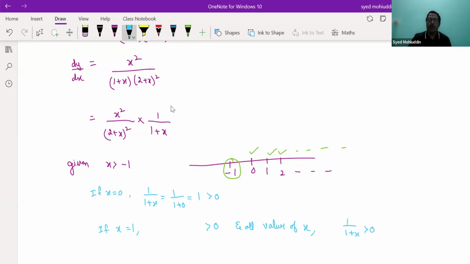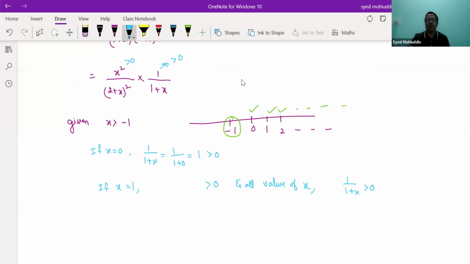So now this has become greater than 0. This complete value is greater than 0. And the product of two positive values will be a positive value itself. So hence we can conclude that 1 by 1 plus x will be greater than 0 provided the value of x is greater than minus 1.